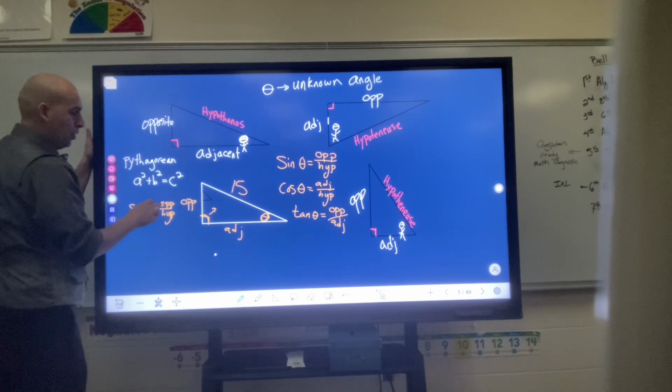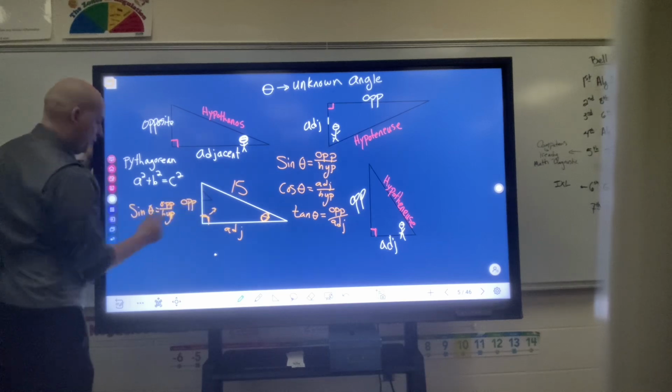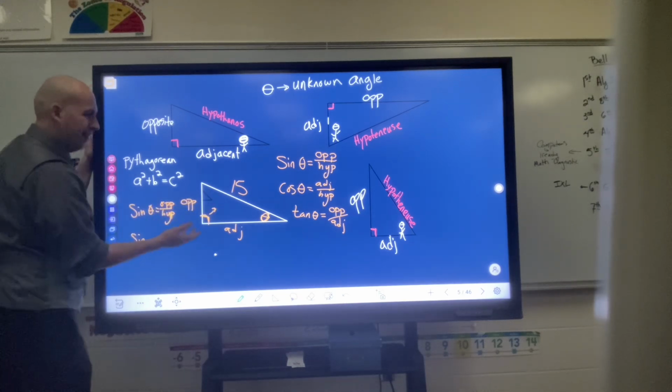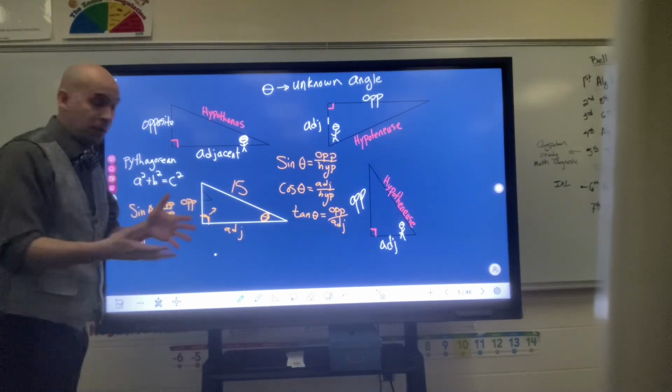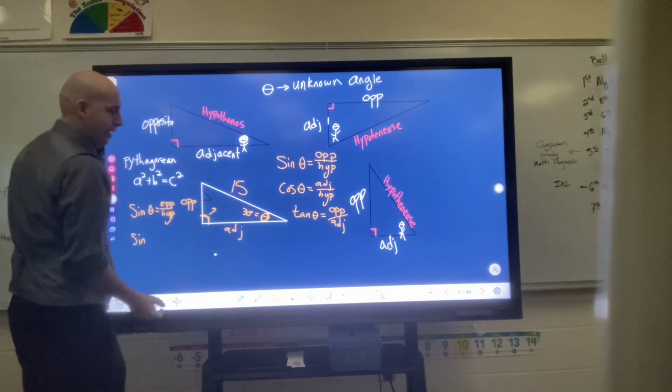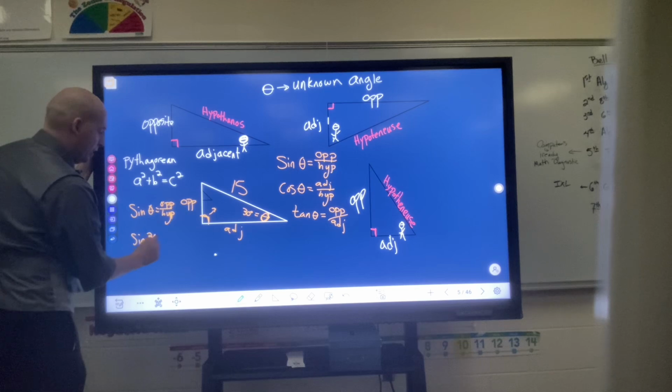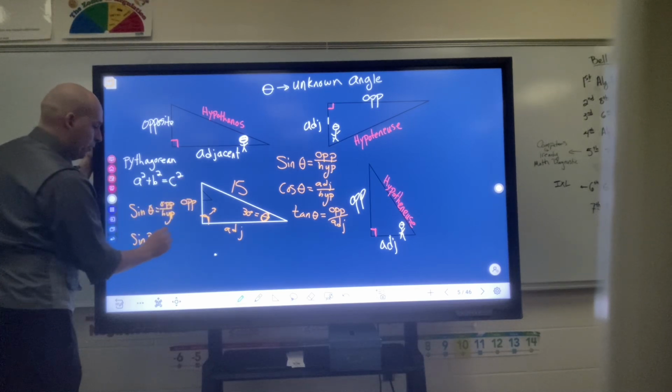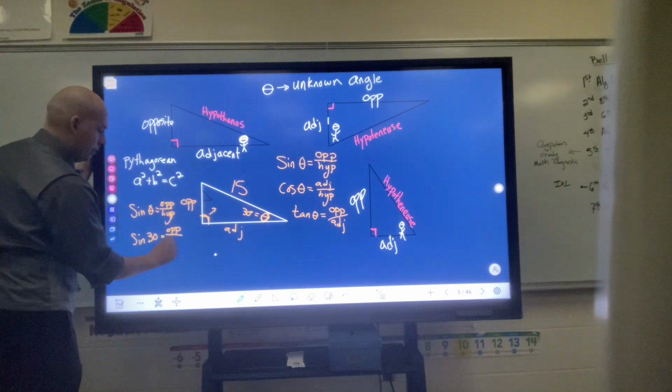So the hypotenuse is 15. And let's give theta a number. Usually in these problems, you would know exactly what theta is, so we're going to give theta the value of 30 degrees. So the sine of 30 degrees equals the opposite side, which we don't know, over the hypotenuse, which is 15.